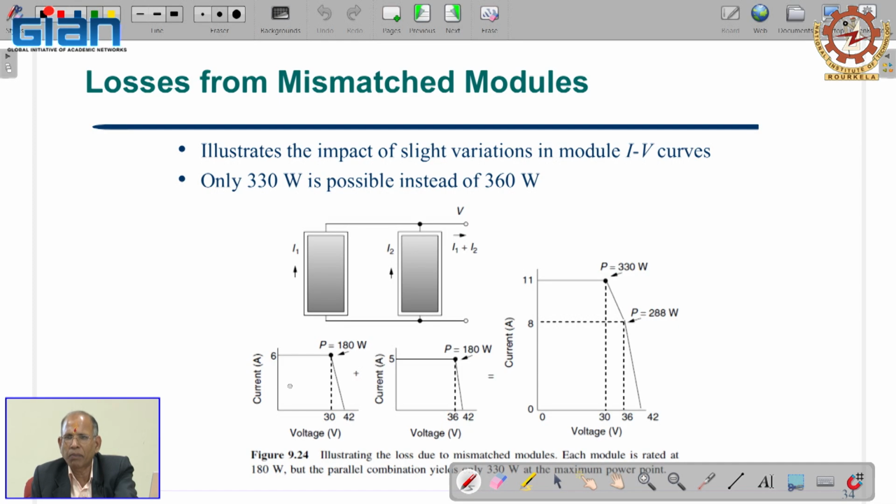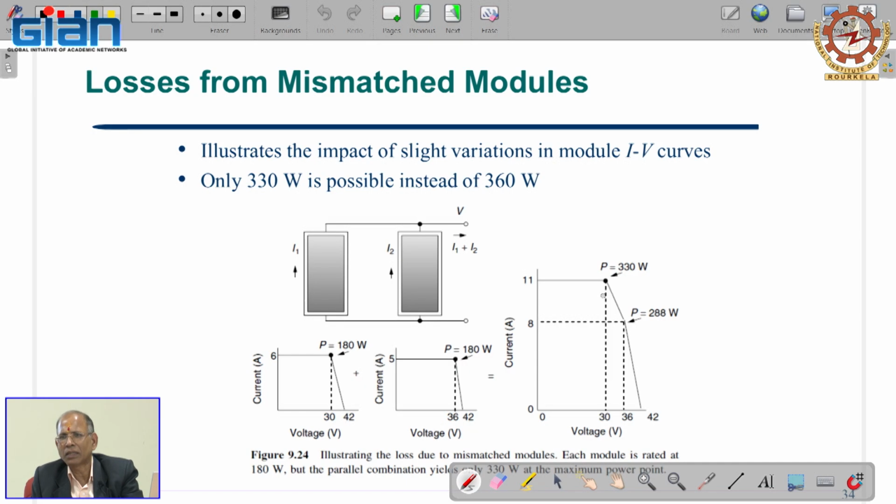So the total current becomes 11. So the current is 11, and then the voltage. Okay. So it will certainly not give you 360. So this is called the mismatch.